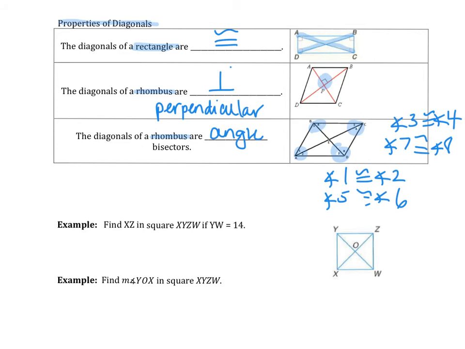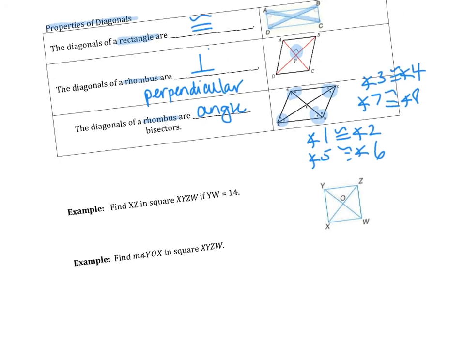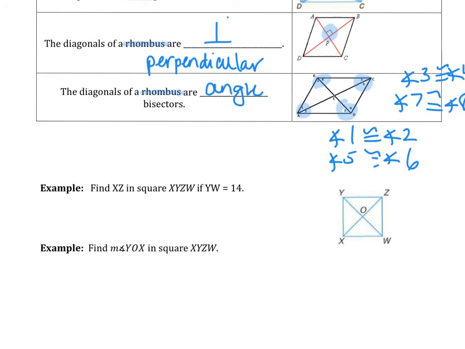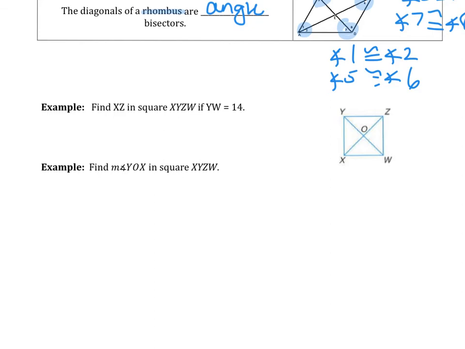All right, moving down here, example. We're going to find XZ in a square XYZW, so that's naming my square, if I know that WY, let's highlight that, so WY right here is 14.